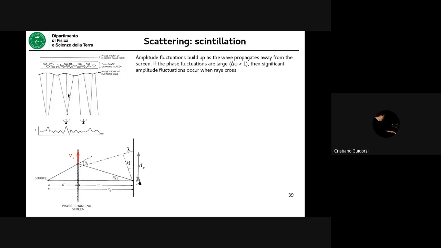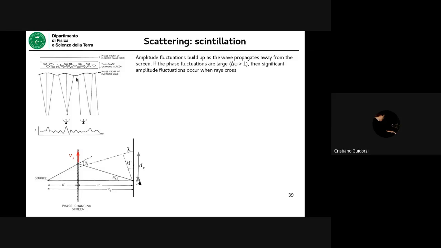Why do we ask this question? Well, when this condition is fulfilled, it means that here you might have either destructive or constructive interference. So you have a signal which can change significantly depending on the position you move along the plane perpendicular to the line of sight.